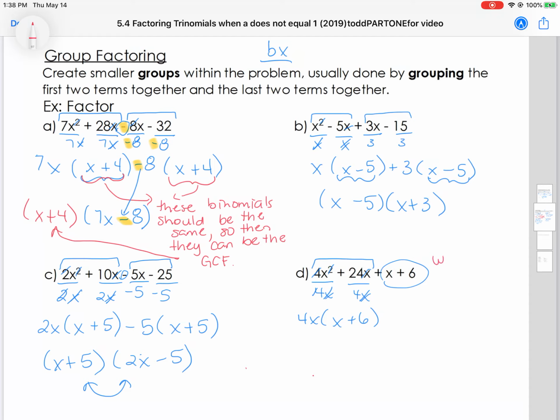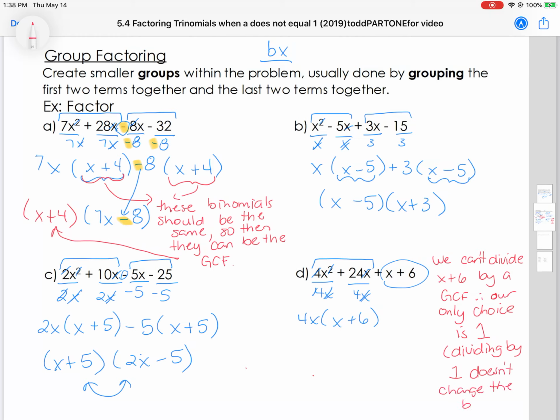So we can't divide. Okay, so dividing by 1 doesn't change the binomial, but it gets us our other factor.